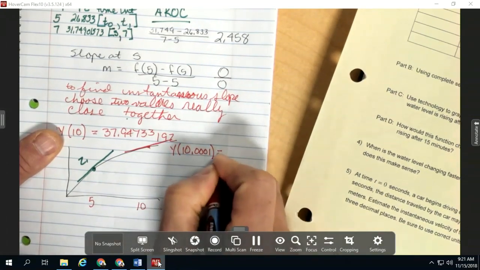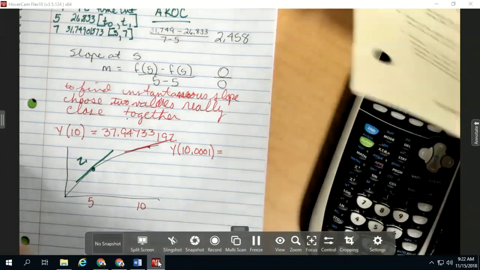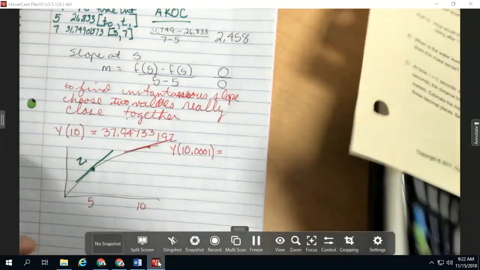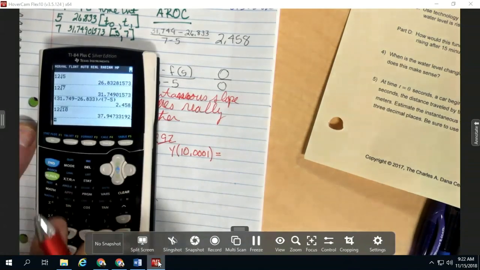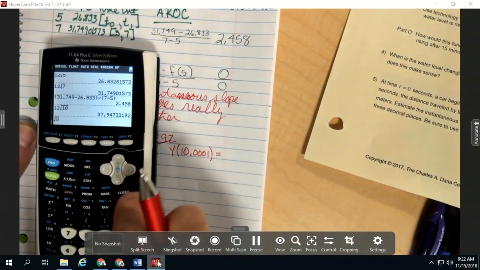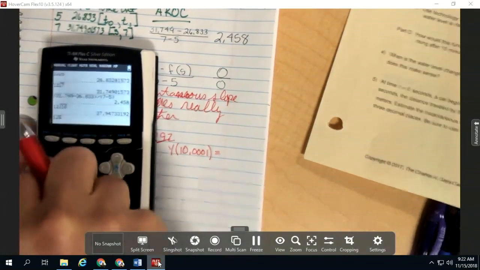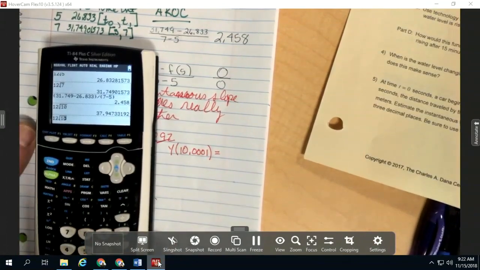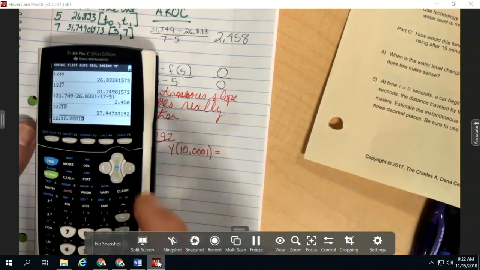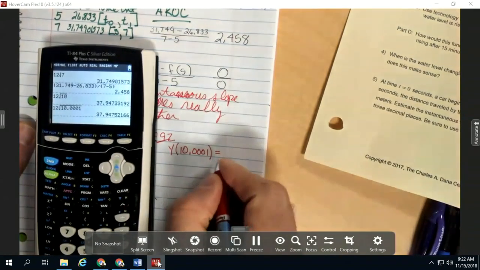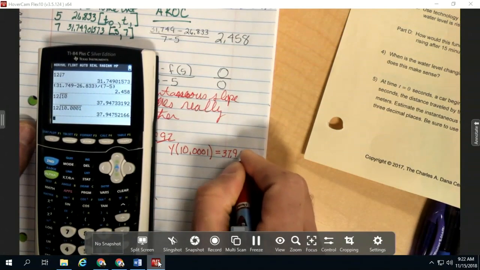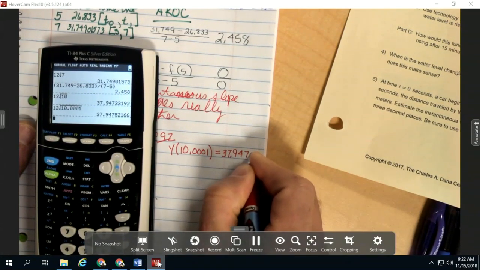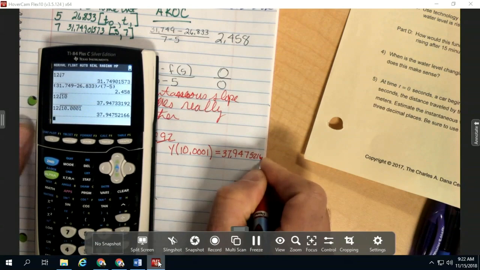10.0001 is, and let's find out what that, did I have too many zeros? No, 3 zeros. Okay, so 12, second function, square root, 10.0001, and we get 37.94752166.